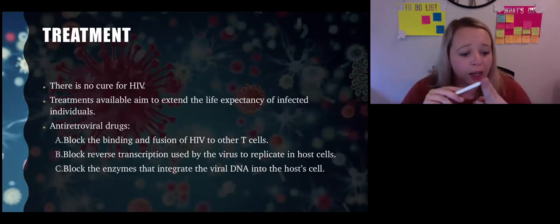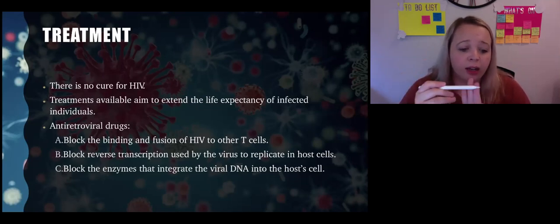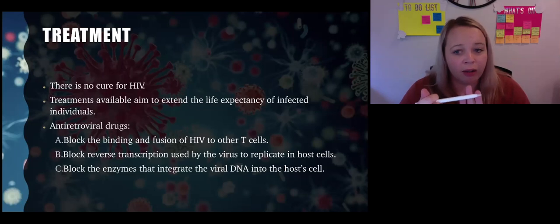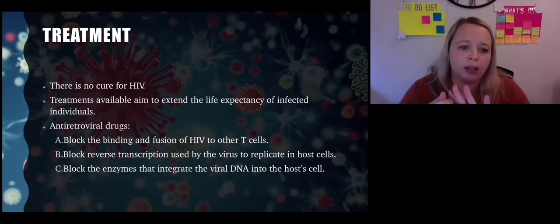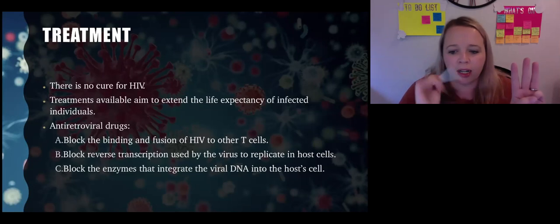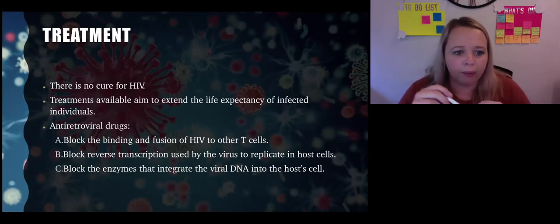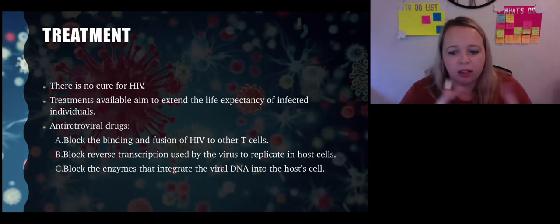They stop the HIV from binding and infecting other T cells. They can block the virus from transcribing or doing this thing called reverse transcription within your cells, and they can also block the enzymes. So we have a couple of ways of defending the body against this virus, but we can never get rid of it. So once you've got a HIV diagnosis, you've got HIV for life.